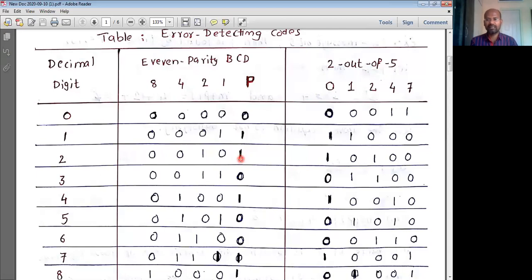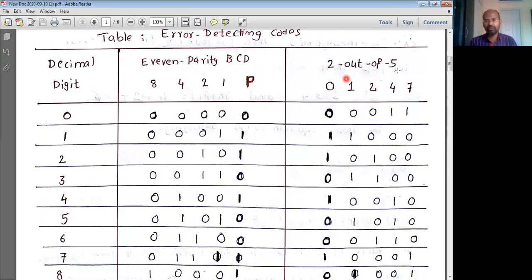How many ones are there? 3, but there should be 2. In the received code there are 3 ones. That's how the receiver recognizes that the received code is erroneous. This is true for all the codes in even parity BCD.